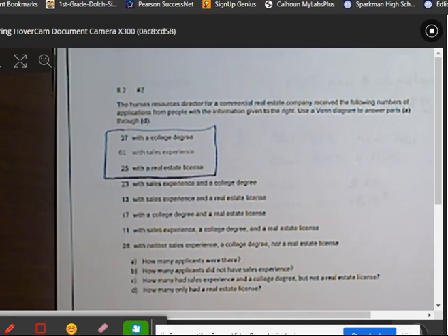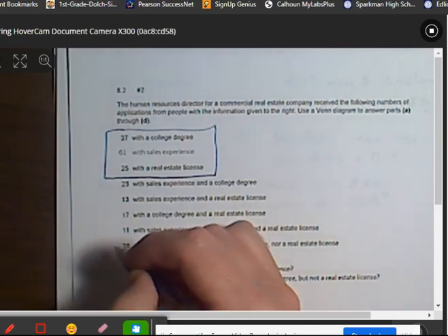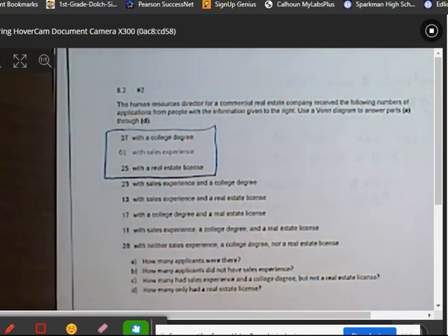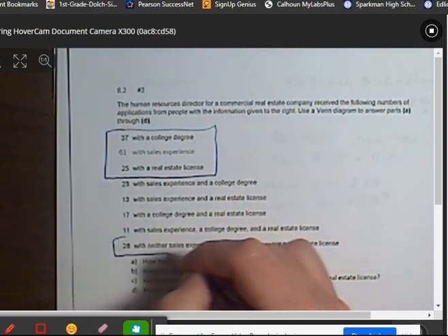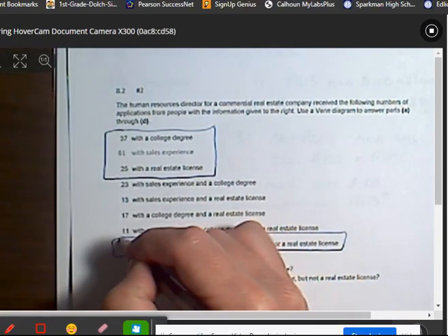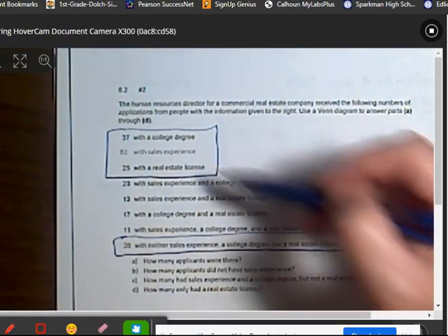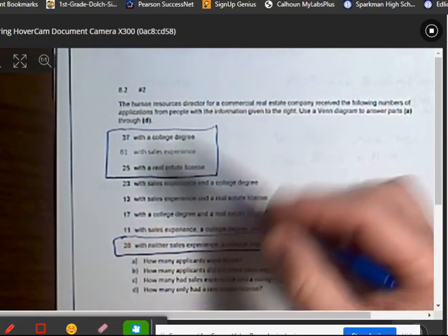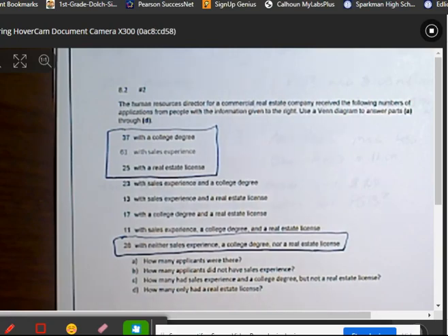And then at the very end, they also say that there's 28 that don't have anything. So that's another category that you could kind of put in with that one. So you've got these three groups of people, and then you've got the people that don't fit in those groups at all. And that's kind of what you're looking at.